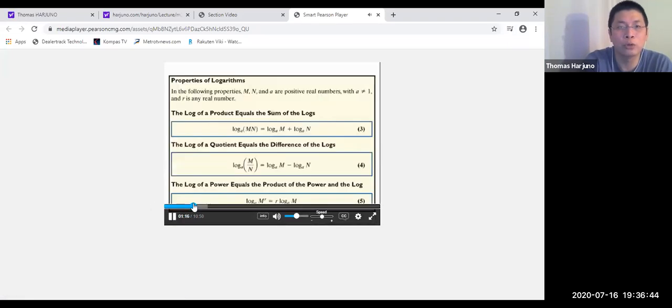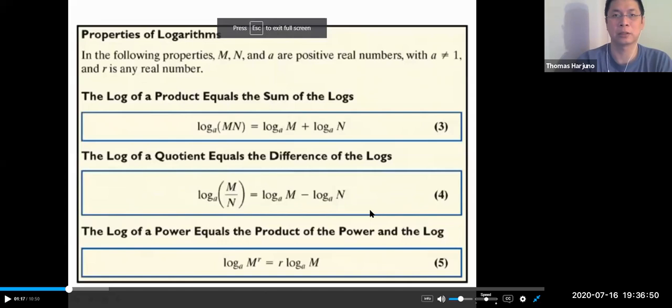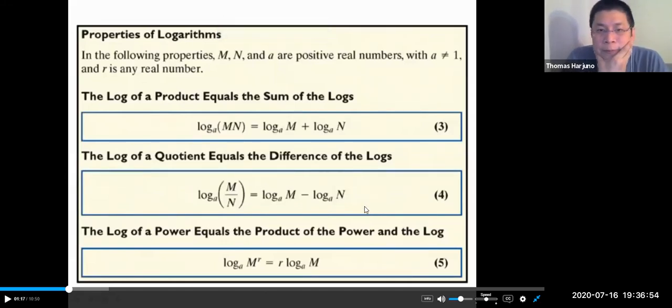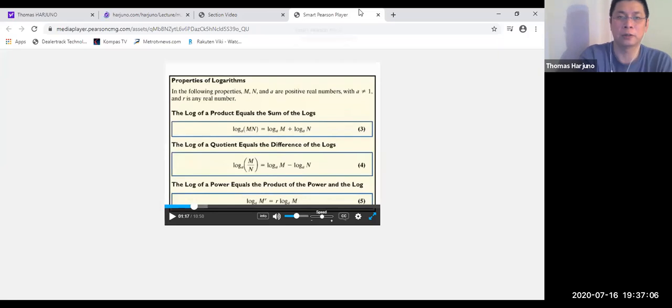What we are going to do right now is basically applying these properties. Again, if you think my explanation is not enough, then you can watch more examples from there.